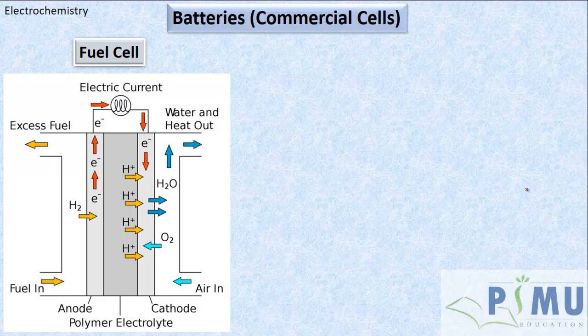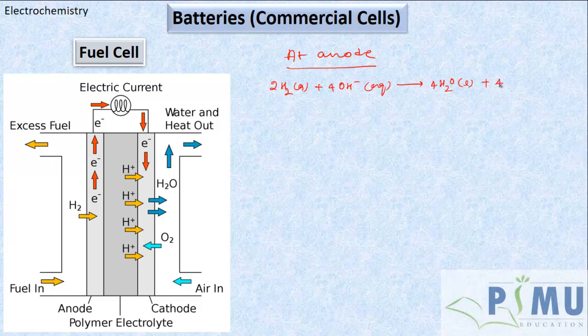At anode, the reaction is 2H2 plus 4OH- gives 4H2O plus 4 electrons.